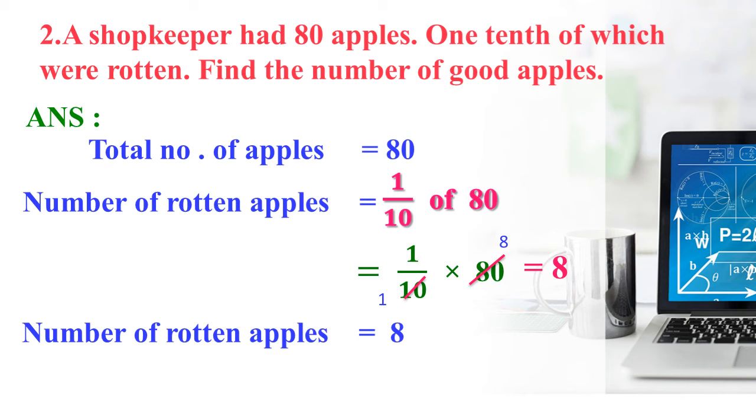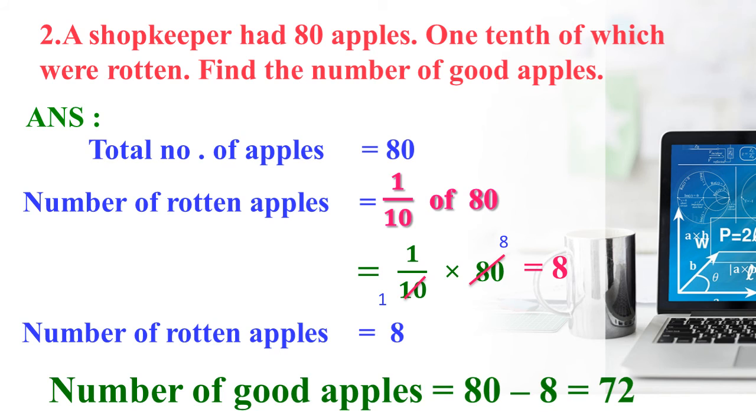Now we want to subtract the number of rotten apples from the total number of apples. The number of good apples equal to 80 minus 8, we get 72. Therefore, number of good apples equal to 72.